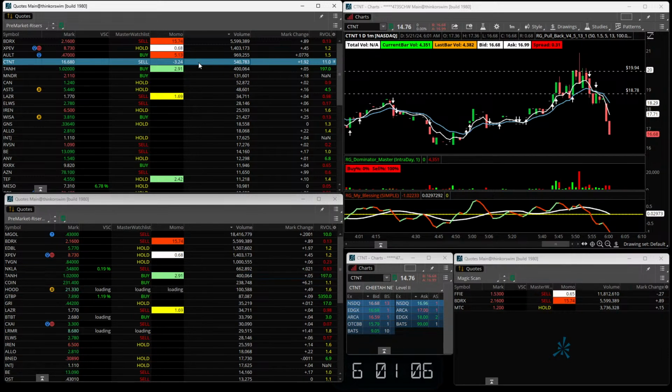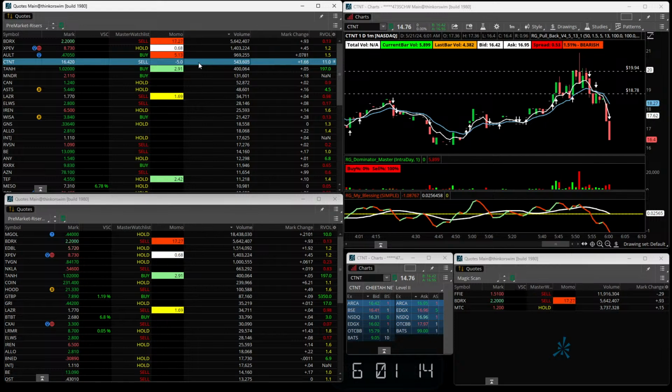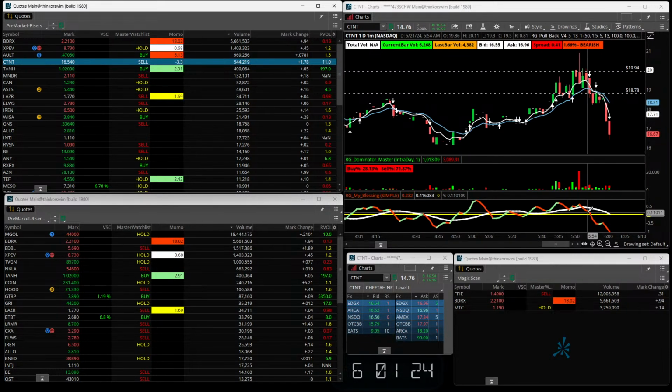Looks like CTNT is dropping. So I'm watching the volume bars here. They are currently red. You can see the sellers have kicked in.